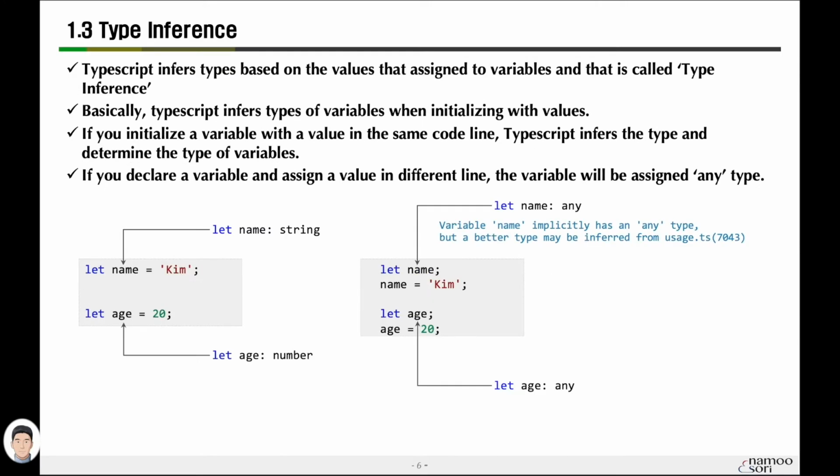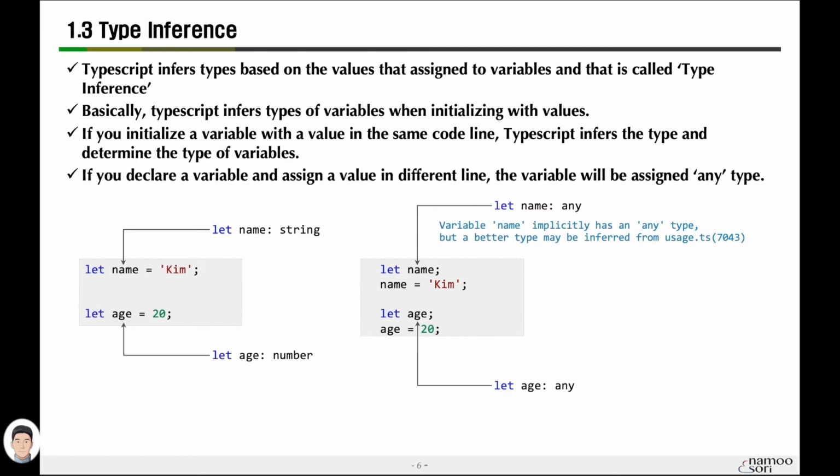Next, let's look at type inference. Writing types is optional in TypeScript because the types can be inferred. The TypeScript compiler infers the type information when there is no explicit information available. It is called type inference. TypeScript infers the type of a variable from the value that is assigned.